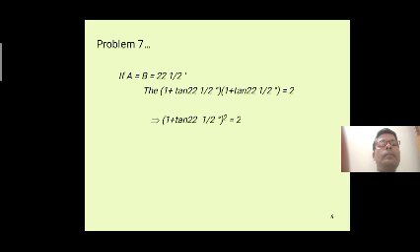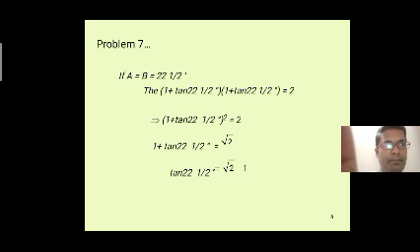Now write (1 plus tan 22 and a half) whole squared is equal to 2. We know that 1 plus tan 22 and a half equals root 2. The square goes to the right side as a root. Now we get tan 22 and a half equals root 2 minus 1, since the plus 1 goes to the right side as minus 1.